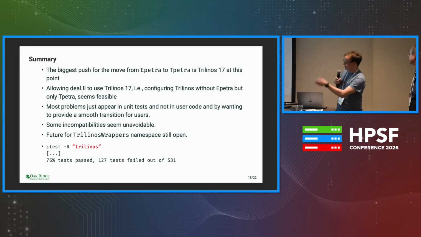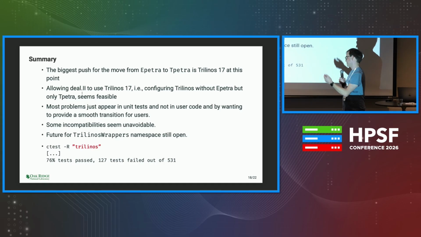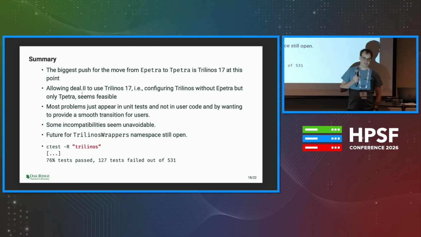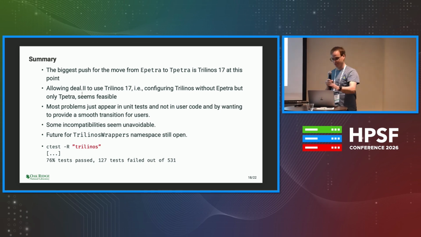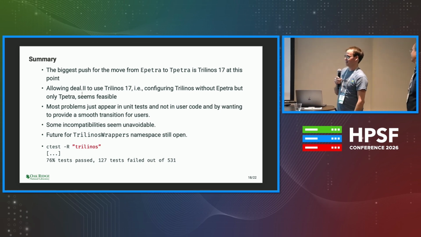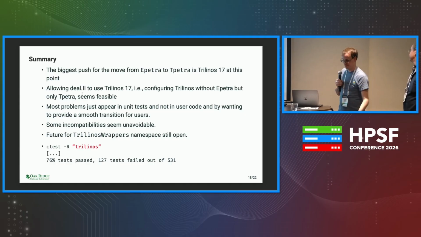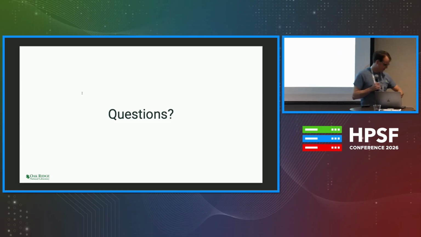Anyway, if I try to run CTest right now, I get 76% passing out of our 530 tests that use Trilinos, or at least mention Trilinos in the test name. So maybe it's not that far away, but it's quite tedious to go through all of that. But yeah, with that, I'm happy to take some questions if I have time.